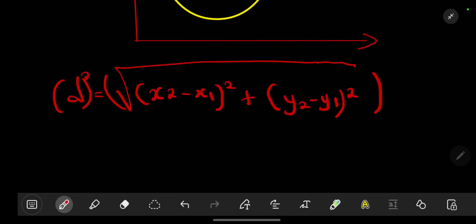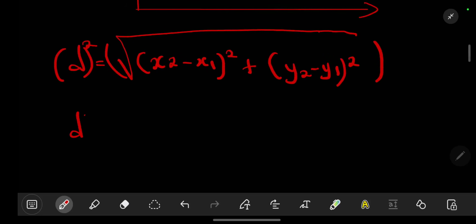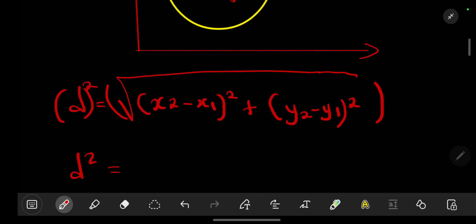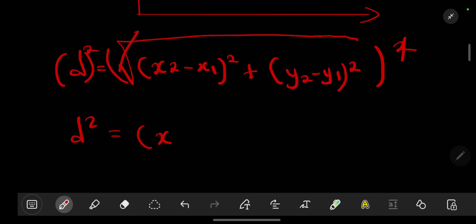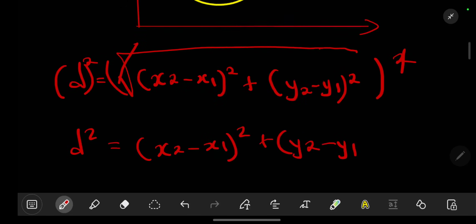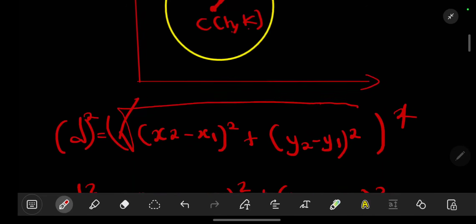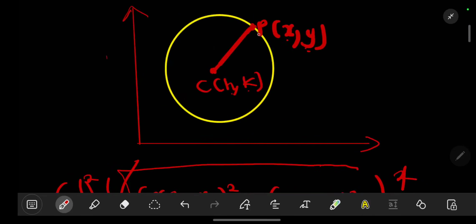When we square, we have d squared, the distance squared, equal to x2 minus x1 squared plus y2 minus y1 squared, since the power and the root cancel.